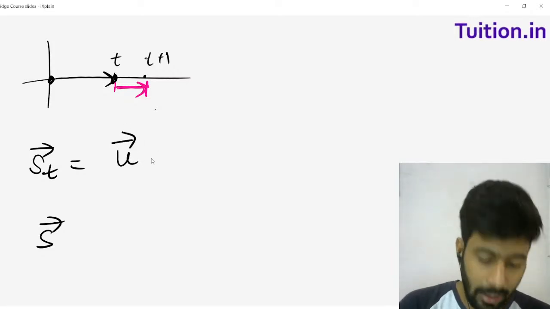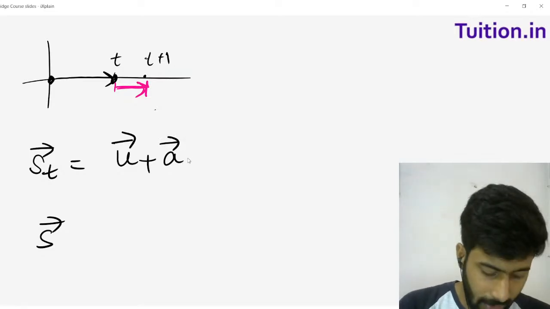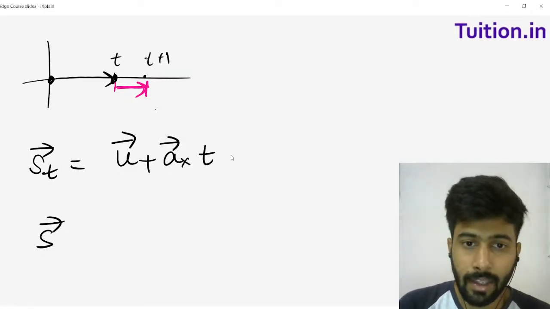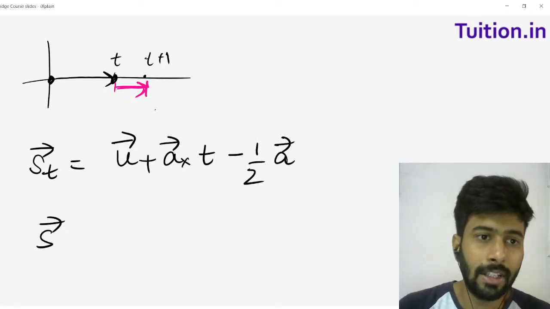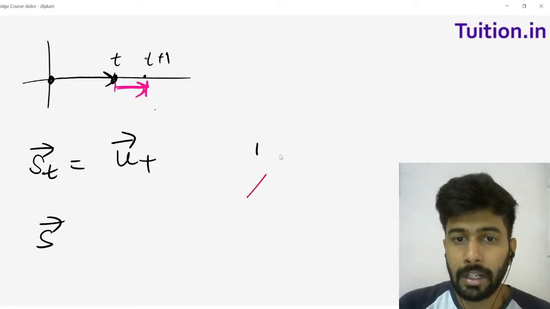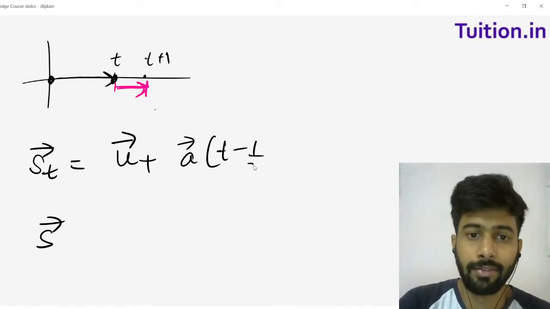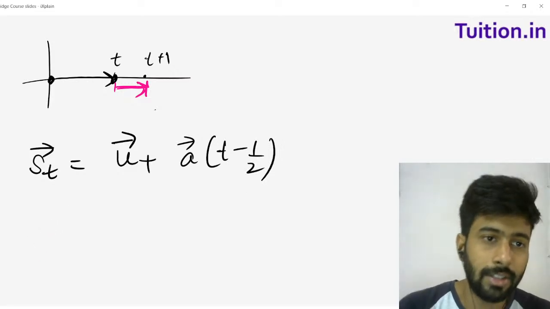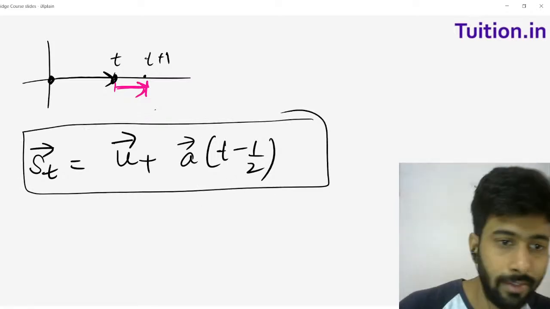You need the initial velocity vector, you need the acceleration vector, you need to multiply this with time, and then you need to subtract half of the acceleration vector. Basically, you need to multiply the acceleration vector with t minus half. This is a new formula for you guys. The derivation comes from the first three formulas itself.